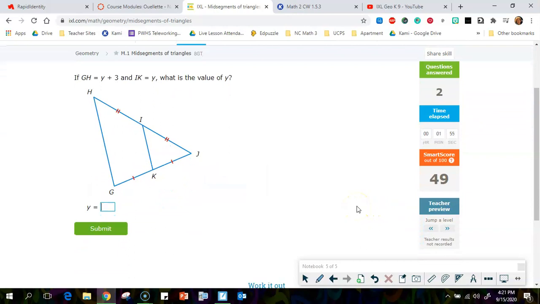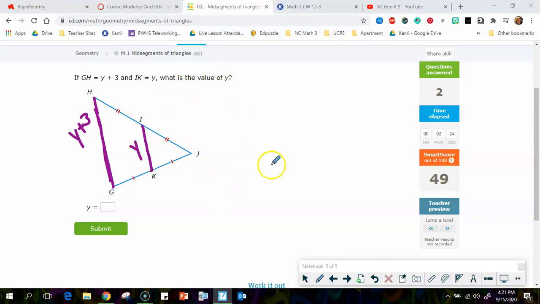Okay, so where's GH? GH is right here. I'm terrible at drawing straight lines with this thing. GH is right here, and this is Y plus 3. Then IK equals Y, in other words, this is Y. What is the value of Y?